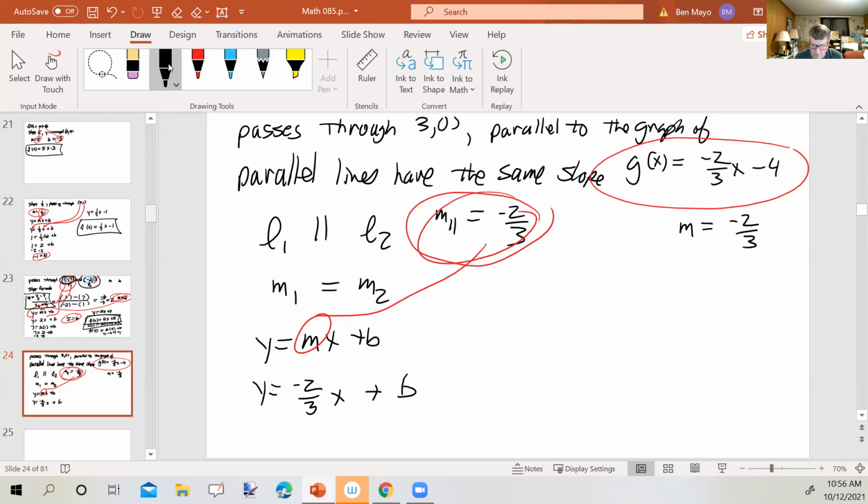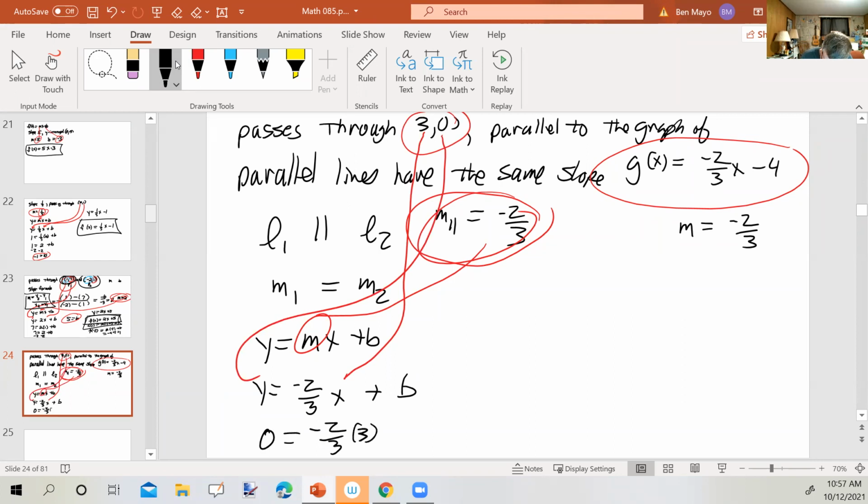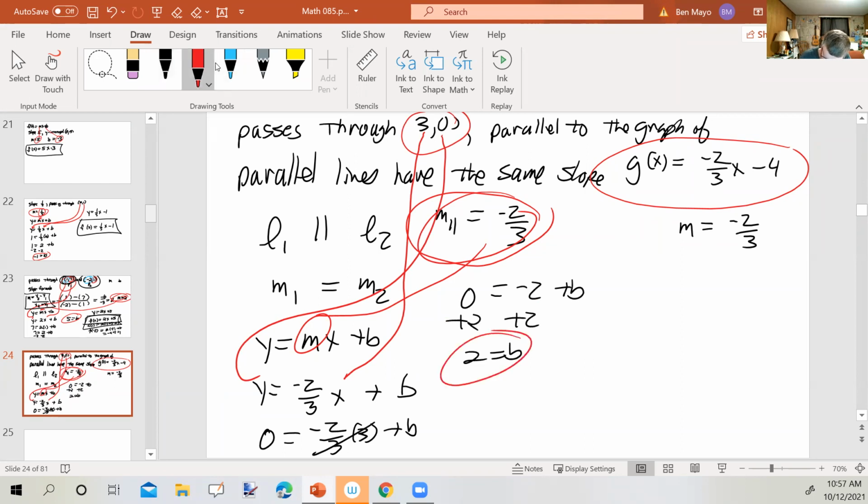But we also know this line we're supposed to find passes through the point (3, 0). So I can put 3 in for x and 0 in for y. And I get 0 equals negative 2/3 times 3 plus b. The 3's reduce out. 0 equals negative 2 plus b. Add 2 to both sides, and b equals 2.